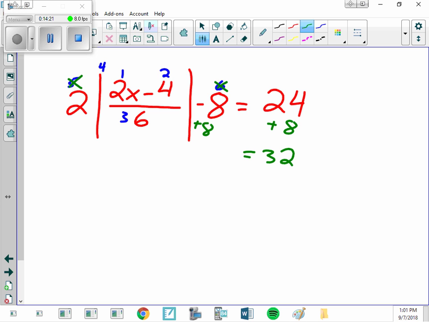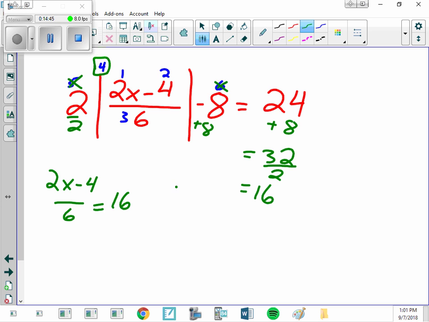Now I get rid of step 5. Divide by 2. And I get 16. Now what? Now I need to undo step 4. How do you undo an absolute value? You split it. So 2x minus 4 over 6 equals 16. And 2x minus 4 over 6 equals negative 16.